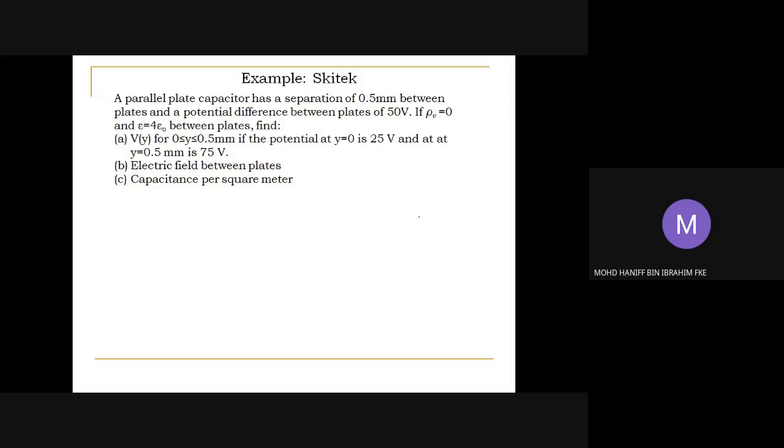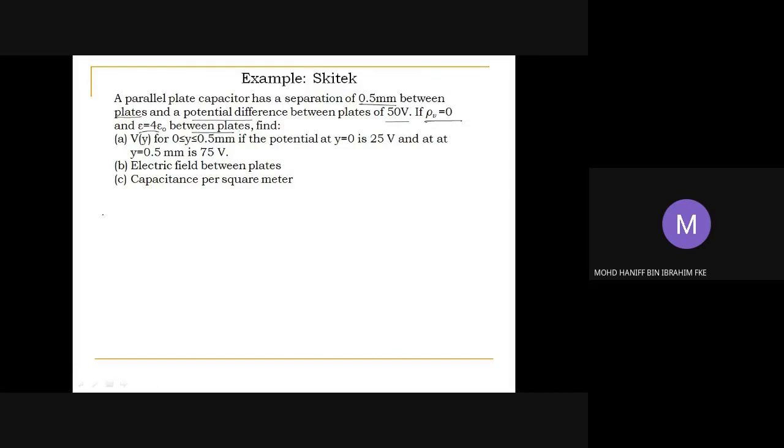In this problem, we are given a parallel plate capacitor structure with a separation of 0.5 millimeter between the plates. It is given that rho v equals 0 and epsilon is 4 epsilon naught between the plates.